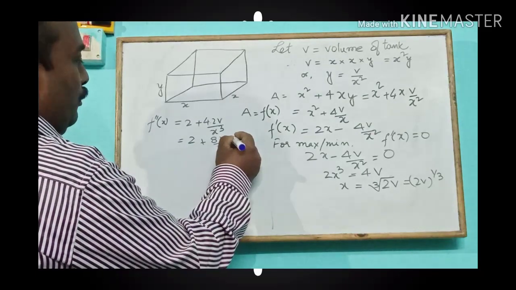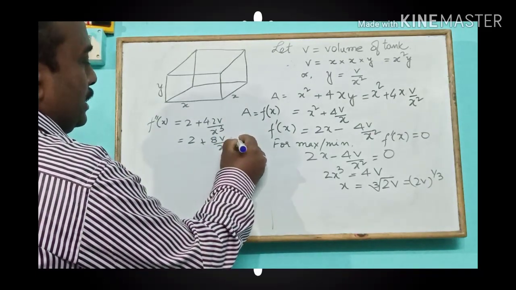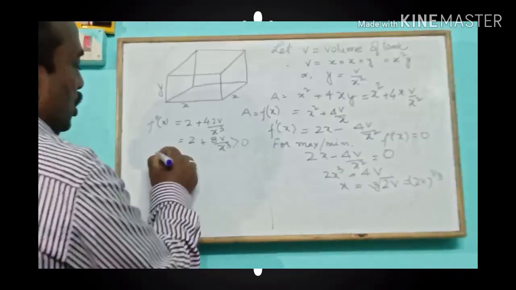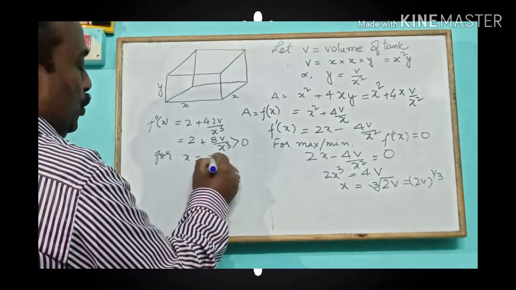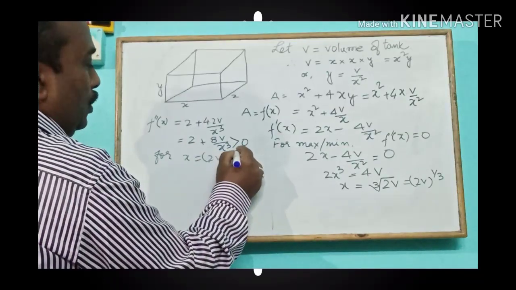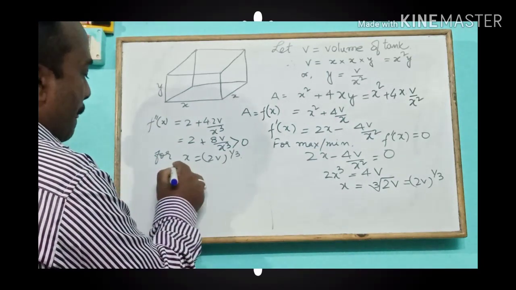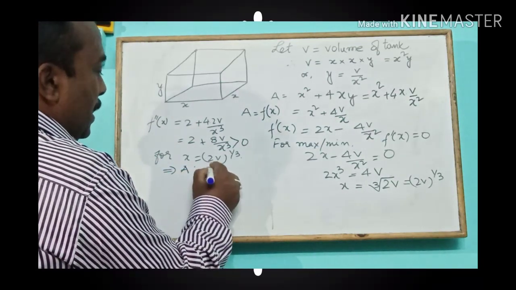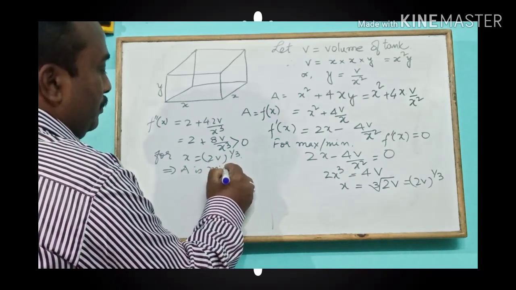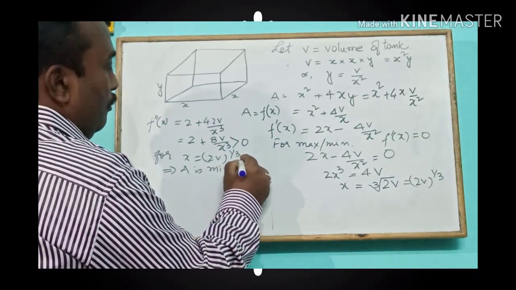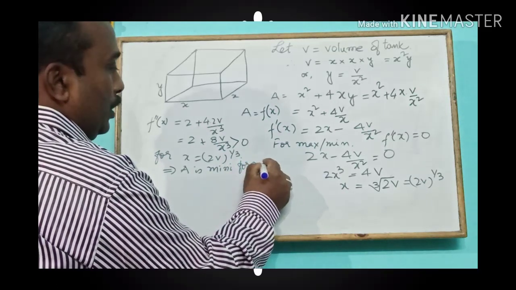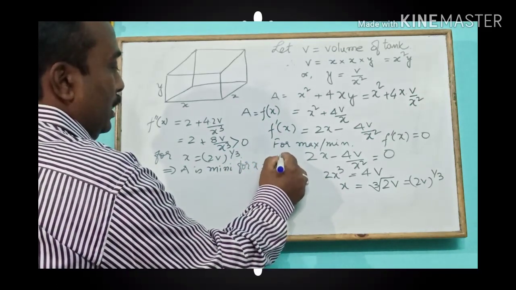Now this will be obviously greater than 0 for x is equal to 2V to the power 1 by 3, which implies A is minimum for x is equal to 2V to the power 1 by 3.